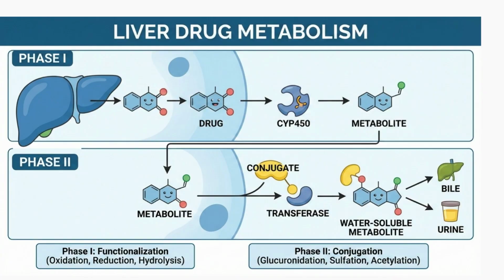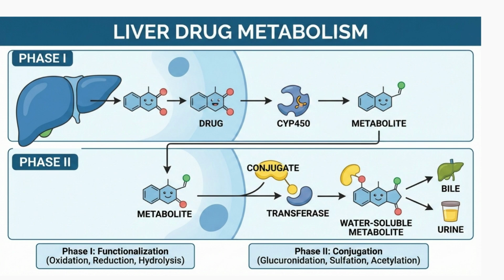Alright, next up in the journey is metabolism. You can think of this as the body's processing plan, mostly happening in the liver. The goal here is basically to chemically change the drug to transform it into something the body can get rid of more easily. And this usually happens in two phases.